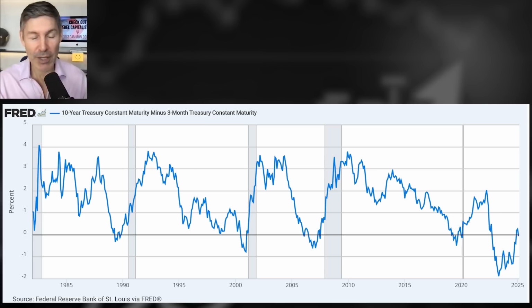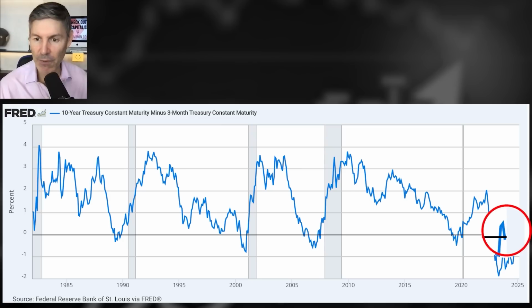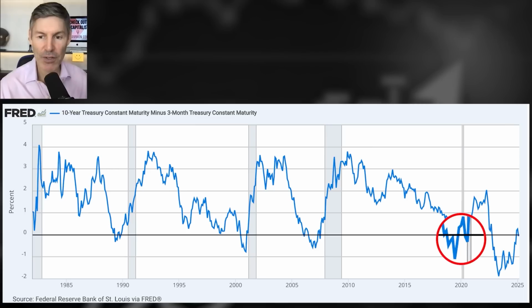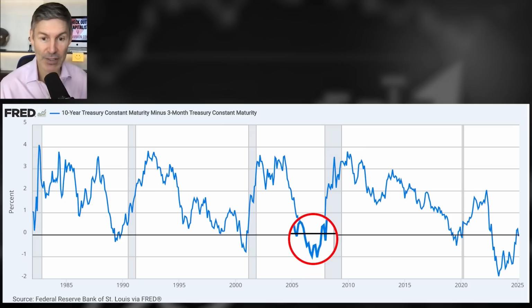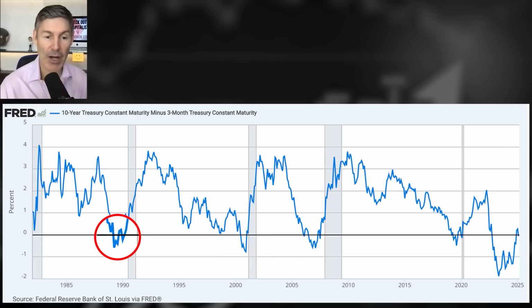But before we do, let's get back to this 3-month 10-year, which again just re-inverted. But what's interesting here is you can see prior to the cerveza sickness, it did something similar. Prior to the GFC, it definitely did something similar. Prior to the dot-com bust, it almost re-inverted, and it definitely re-inverted prior to the 1990s recession.